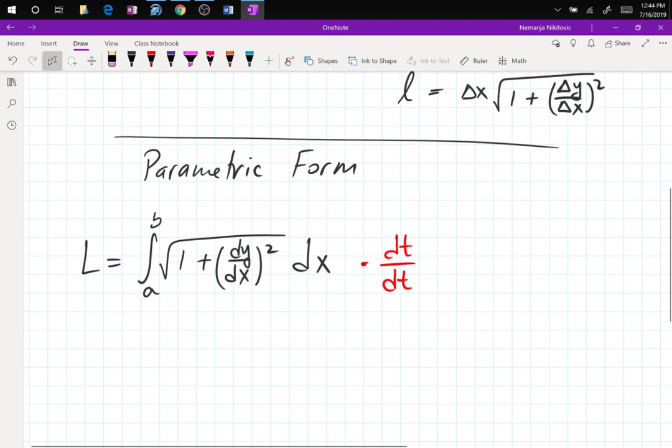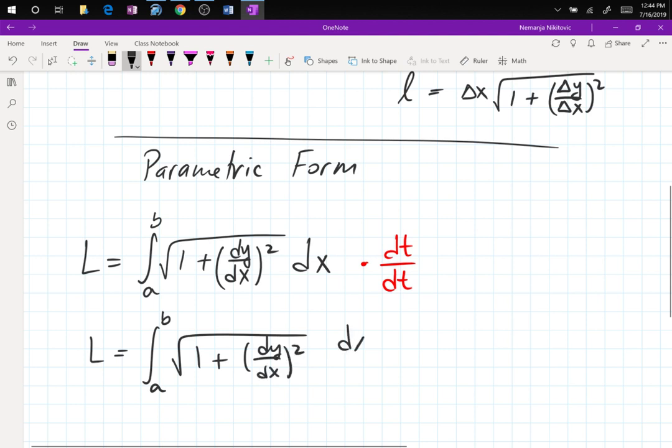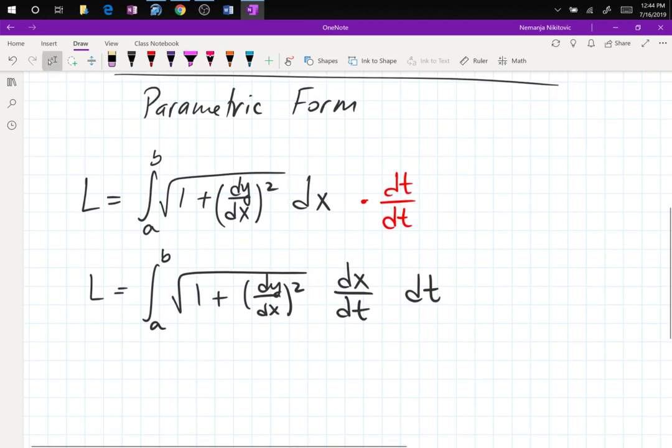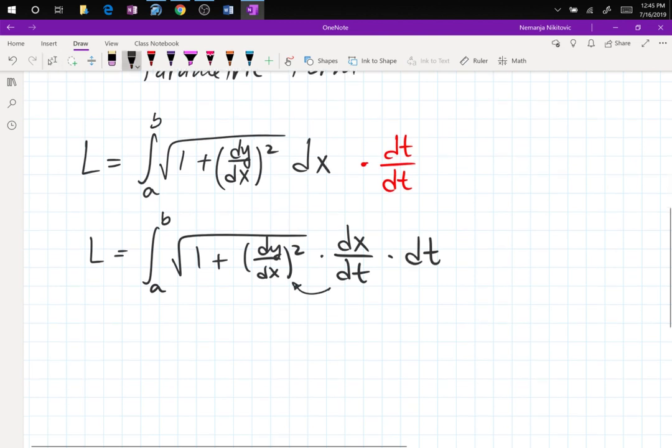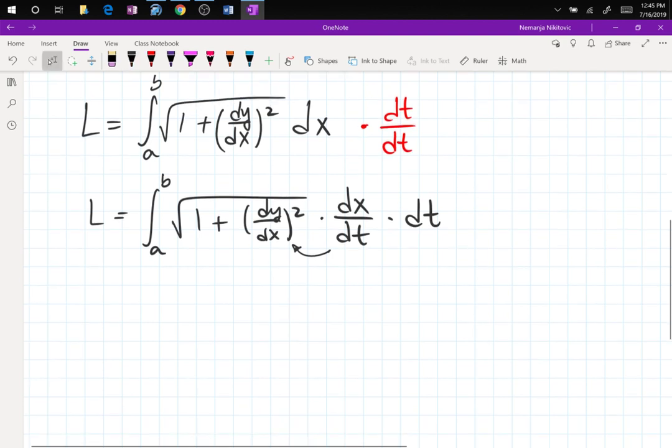So now the way the calculation goes, you quickly rewrite this as dx over dt, and then you have dt on its own on the side. So you just move this dt under dx. And now this dx over dt will undergo the square root, and when it goes under the square root, it picks up a square.